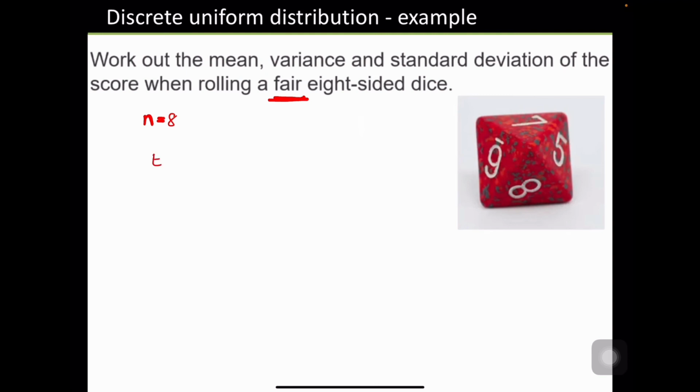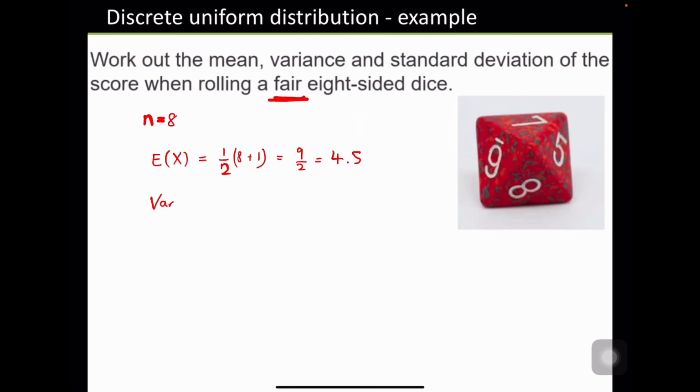The mean will be a half n plus 1, which is a half times 8 plus 1, so 9/2, which is 4.5.